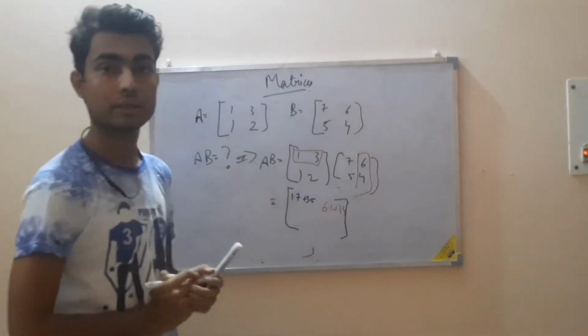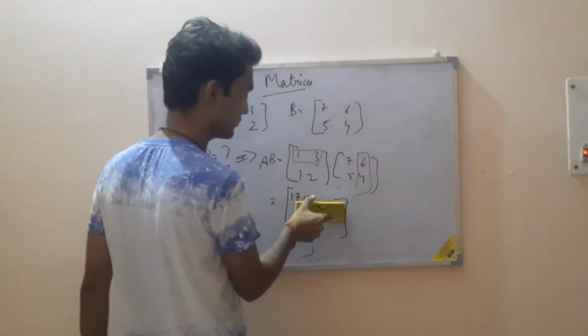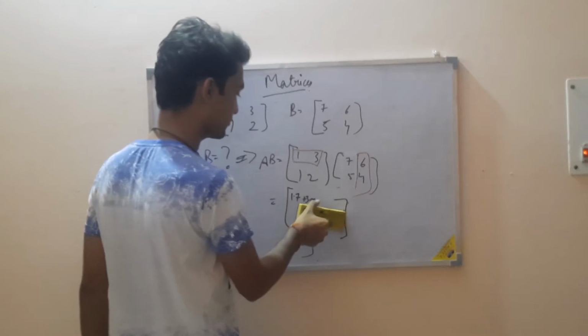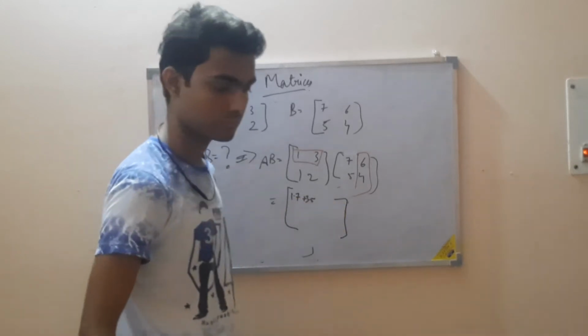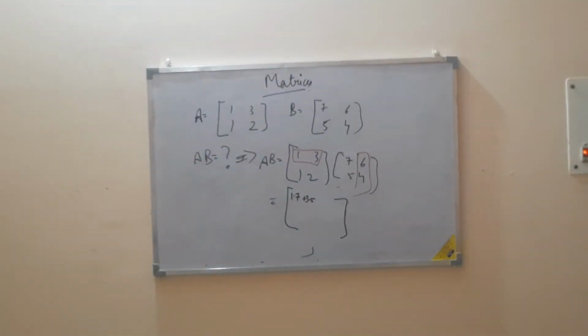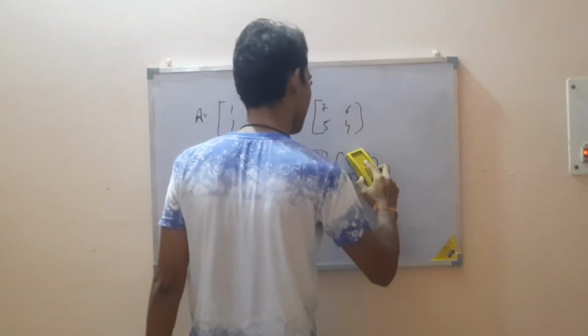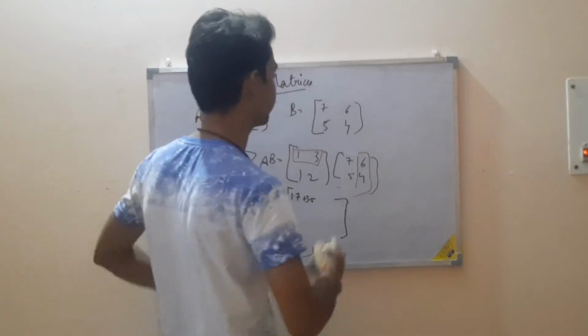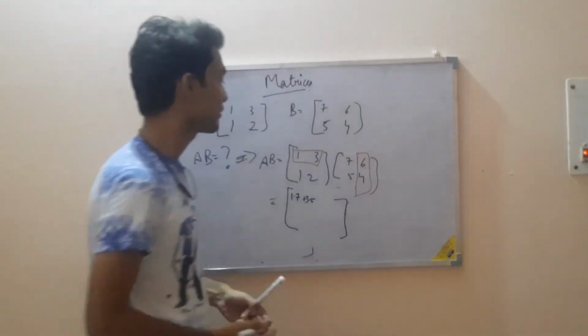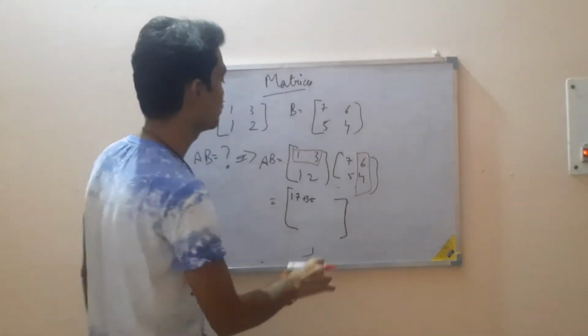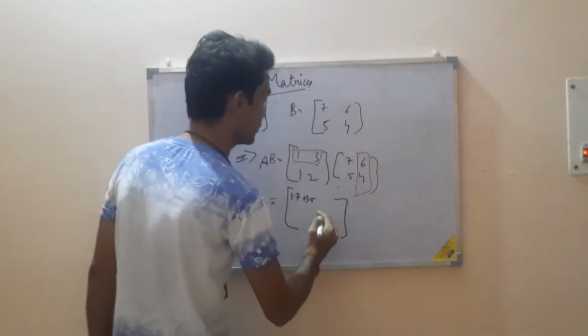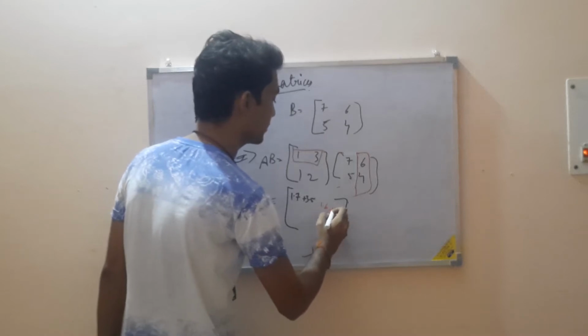So for AB12, we will be multiplying this row with this column. It will be like 1 into 6 plus 3 into 4.